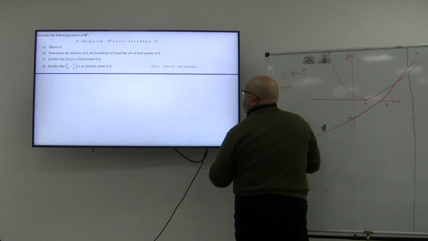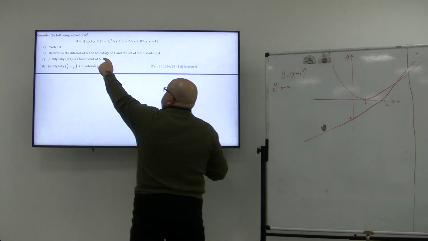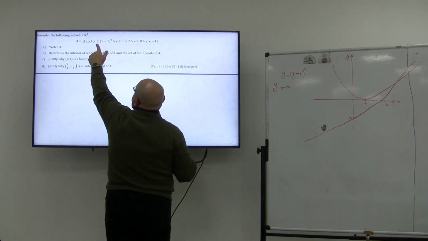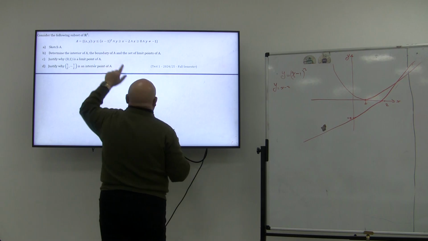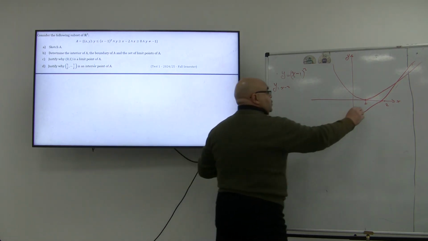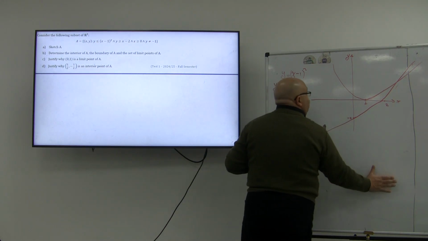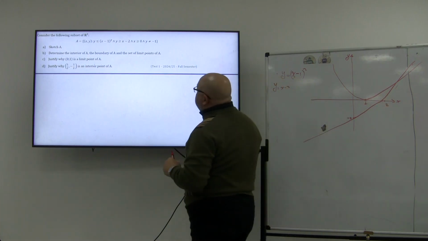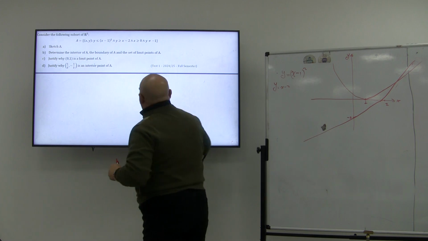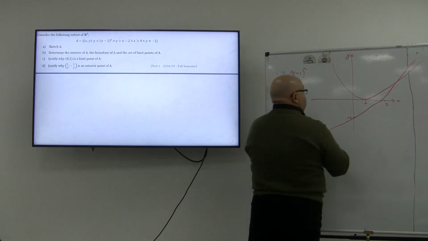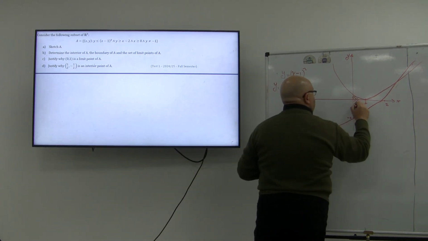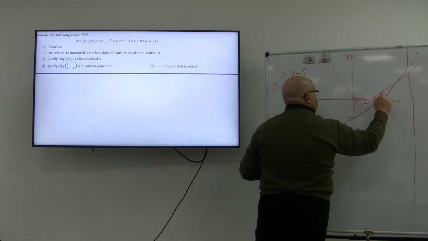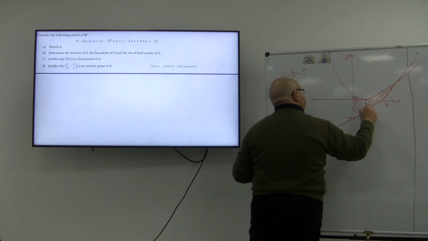So once more reading the inequalities, I need the points where y is less than (x minus 1) squared, which means all the points below or beneath this parabola. I will need the points greater than x minus 2, I mean the points above the line. So I'm talking about this region. That's the region that I'm interested in.